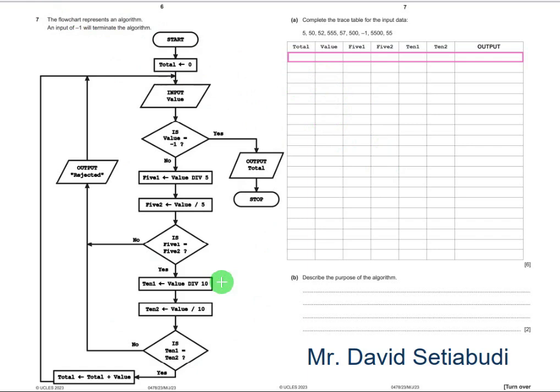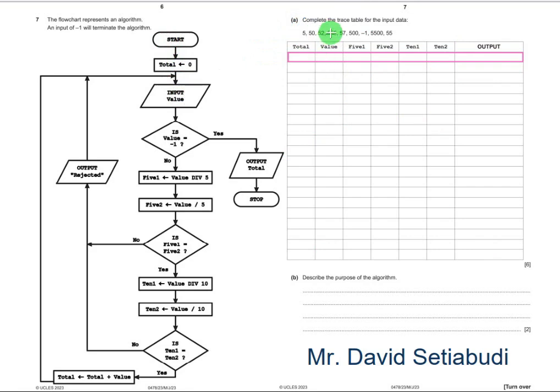If you don't get what it means, please put your left finger on the start. Then your right finger will write down the answer for the trace table. Your left finger will follow, going down, and put the value over here.